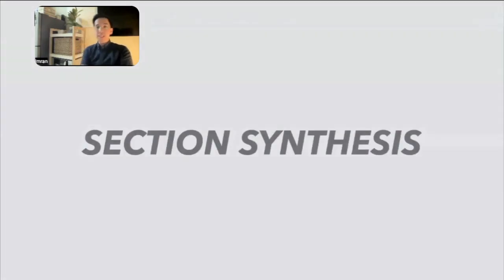So section synthesis lang, again, ang mga cholinergic agonist natin, sa cholinergic nervous system natin, divided into direct acting and indirect acting. Pag direct acting, sa receptor. Pag indirect acting, it blocks what again? Acetylcholinesterase.